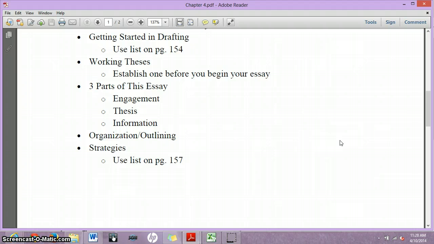And then you provide the information in the body of your paper, organized by topic. So I think that's a great way to organize your paper if you want to do that. Engagement, thesis, information.